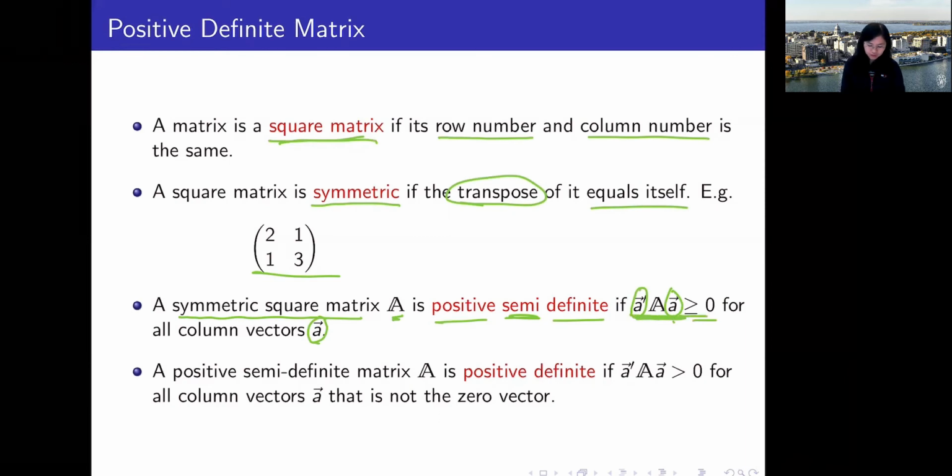If this matrix product is non-negative for any and all column vectors a, then the matrix A is called positive semi-definite.